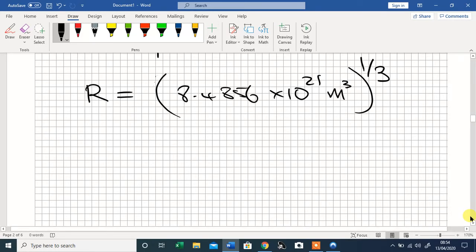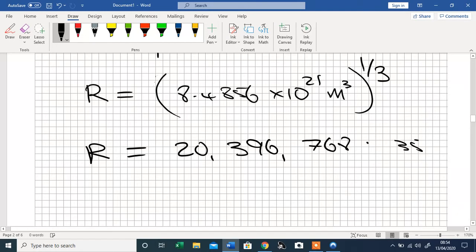Right, recall memory, to the power 1 divided by 3, and we find that r is equal to 20,396,768.35 meters.